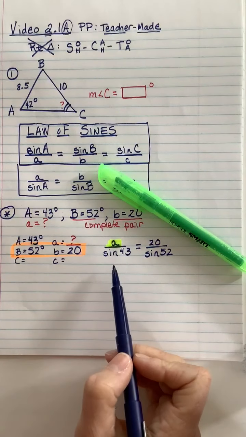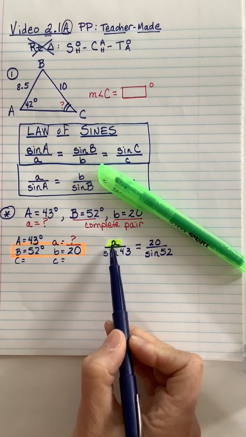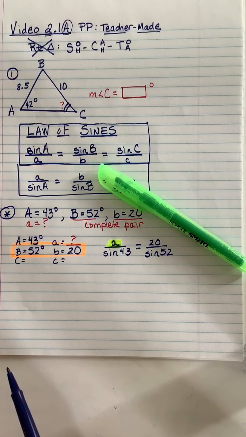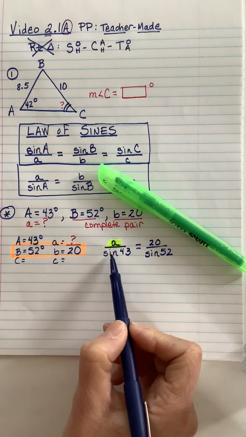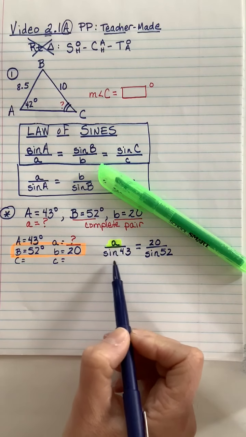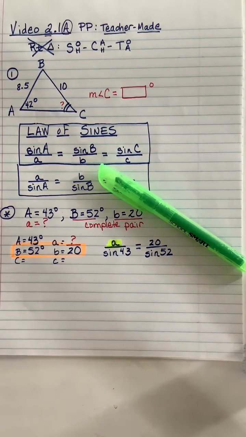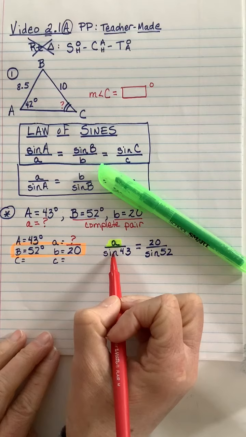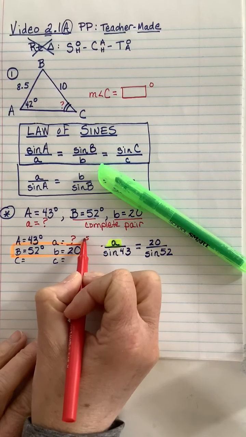Okay, well, if I'm trying to isolate A, I need to undo whatever is being done to A. So right now I am dividing by the sine of 43 degrees, which we know is a number. Well, how do you undo dividing? Multiplying.